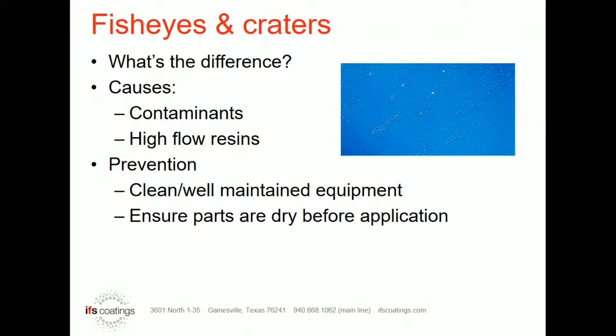We see grinding discs and sandpapers that have silicone type media on them that doesn't get blown off properly, or it gets used close to where you're coating a part and gets carried over by the air onto your part as you're painting, and then it results in fish eyes or craters. You can also see it from your air supply: moisture in your air, oil in your air. Anything in that airstream that you're applying powder with is a contaminant and can also cause fish eyes or craters.